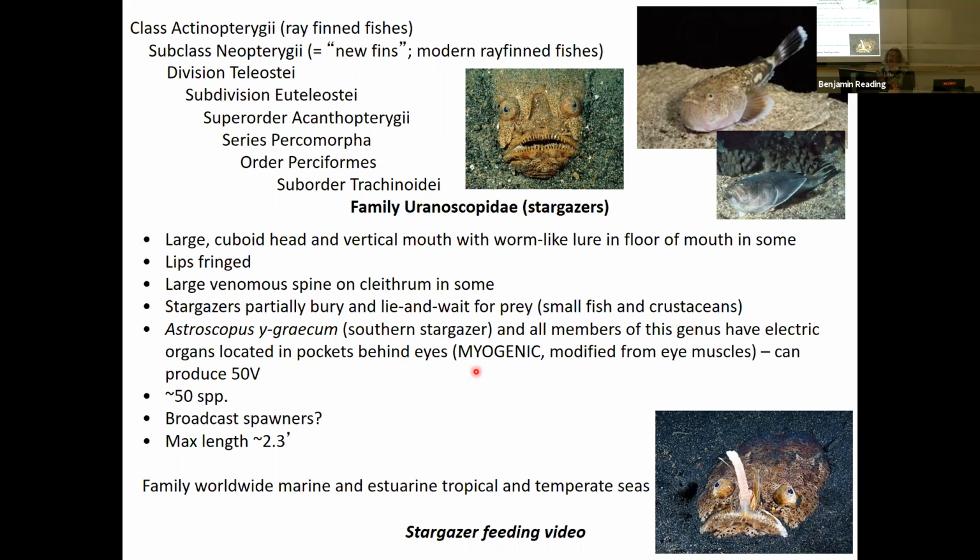Again, we see the myogenic, like family Torpedinidae with the electric ray, these muscle-derived electric organs. They can produce small amounts of electricity.